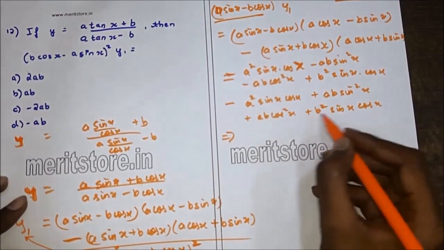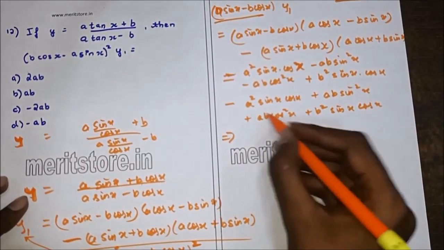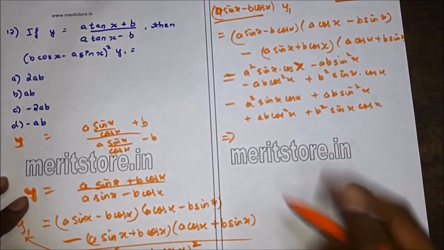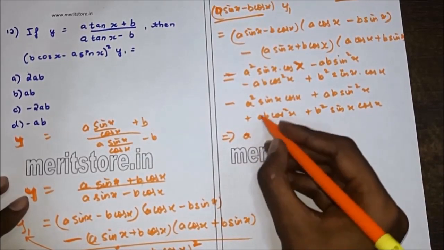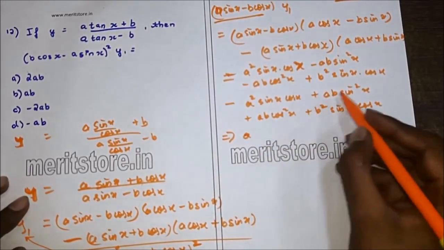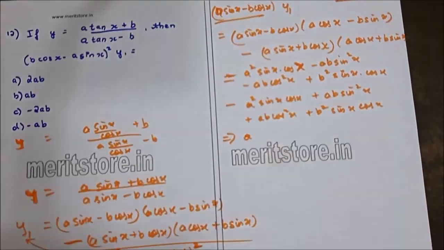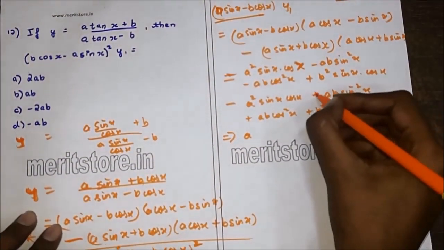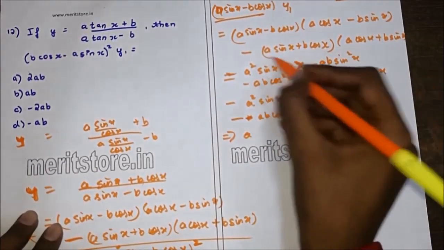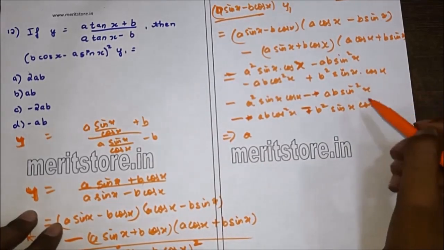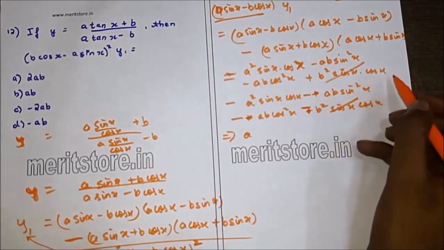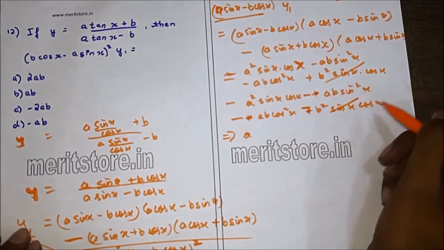So now taking a square and b square common, similarly ab common. There's a correction here, so this whole term is minus. So we are left with, this gets cancelled, b square sin x cos x minus b square sin x cos x.